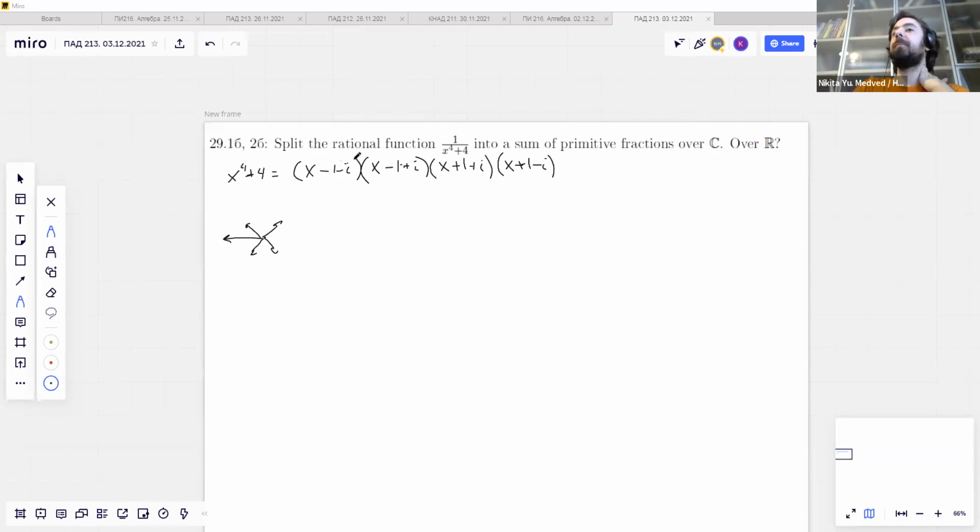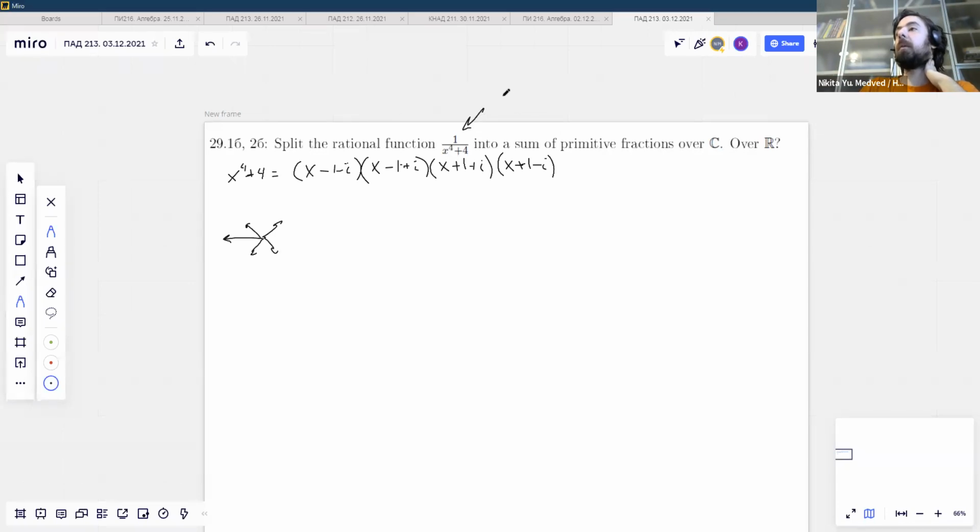So one of them is a very interesting one. We have a so-called rational function, basically a fraction where the numerator and denominator are polynomials. Polynomial divided by polynomial. And we want to split it into something more simple. In fact, such a function can be split into a sum of functions of the following type.